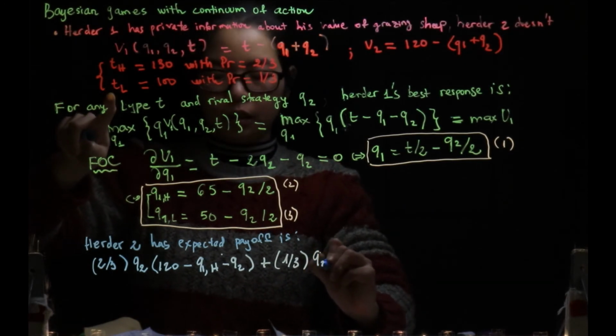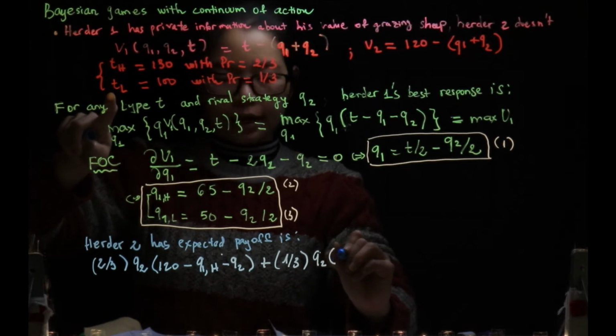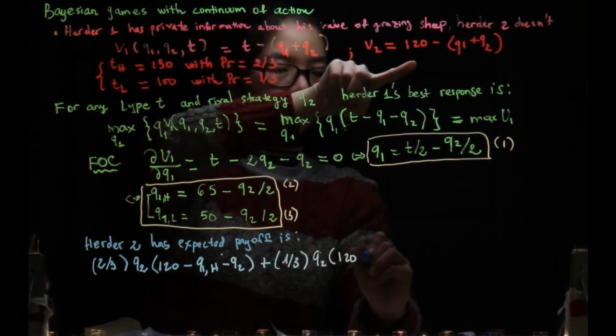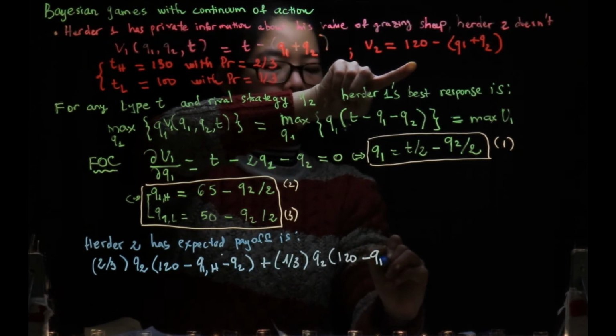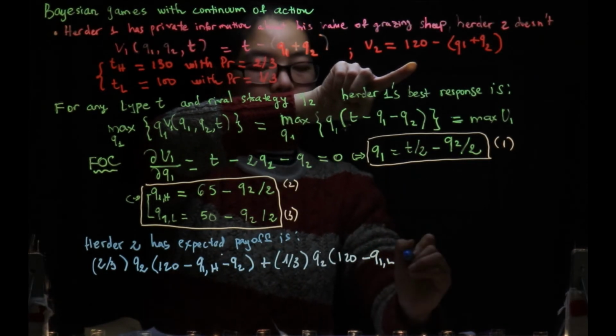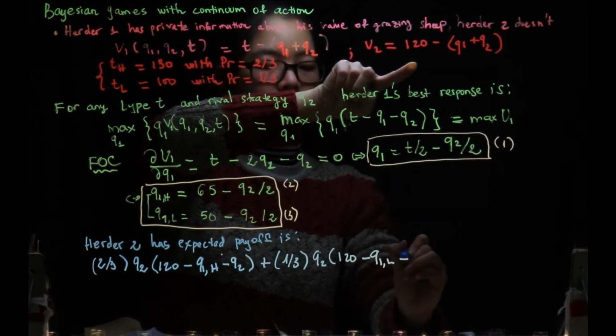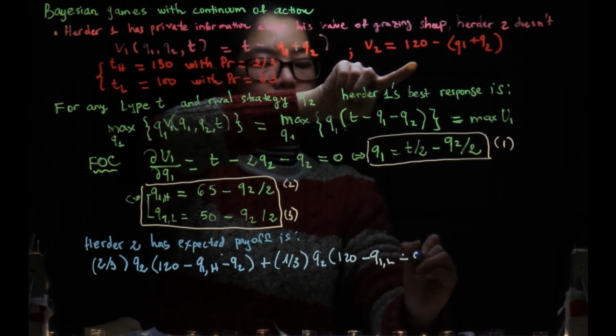Now q2 again times 120 similarly, but minus q1 low, minus q2.